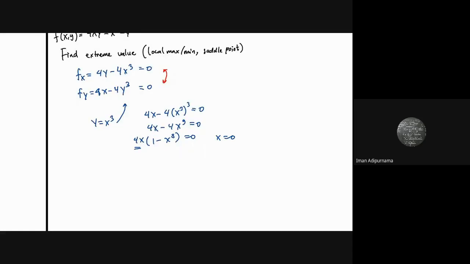And you get 1 minus x to the power of 8, right?